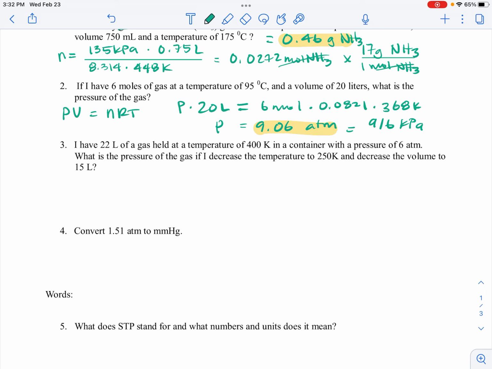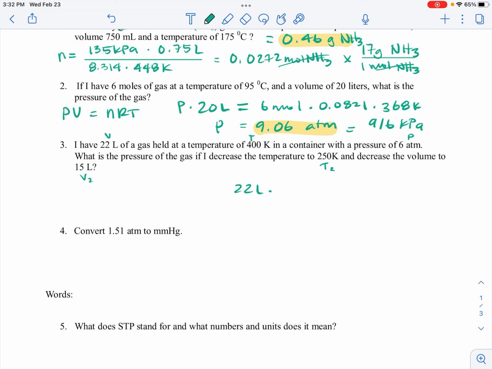And sometimes it helps to write out first volume, first temperature, first pressure, and then I've got a new temperature and a new volume, and I'm solving for second pressure. So here's my 2 and my 2 there. We got 22 liters, my first volume.